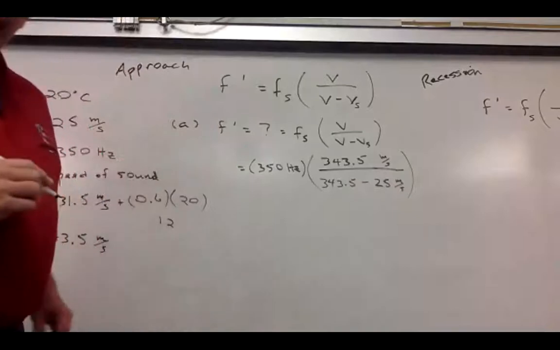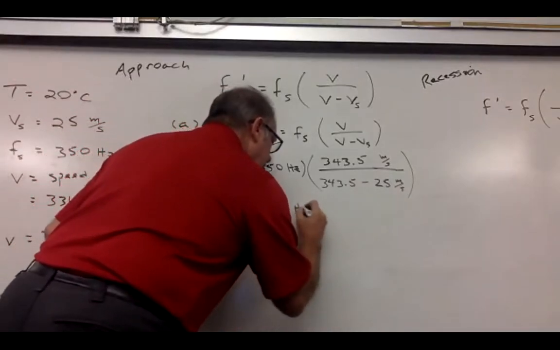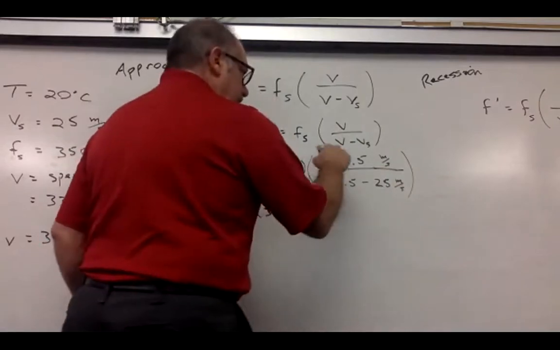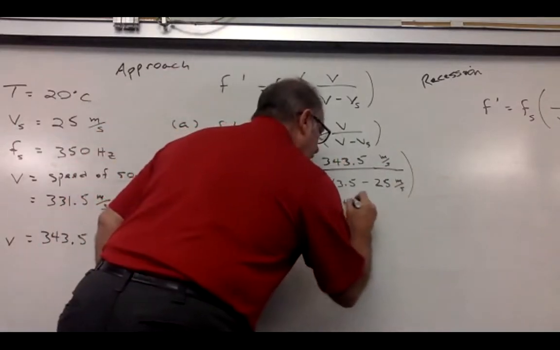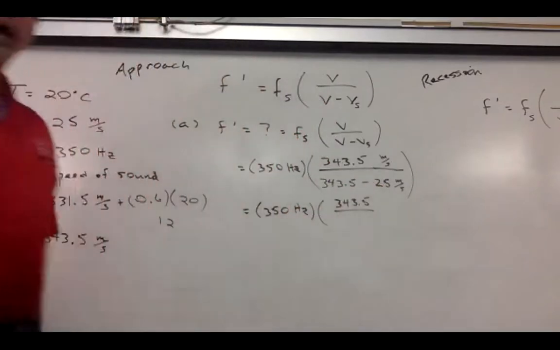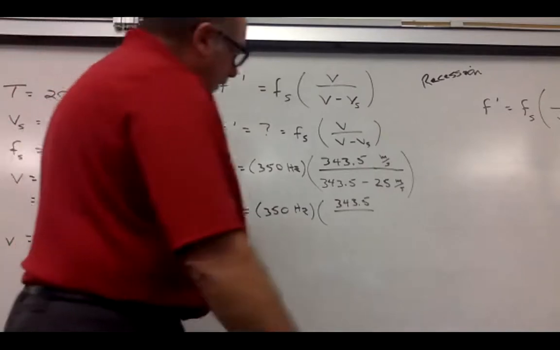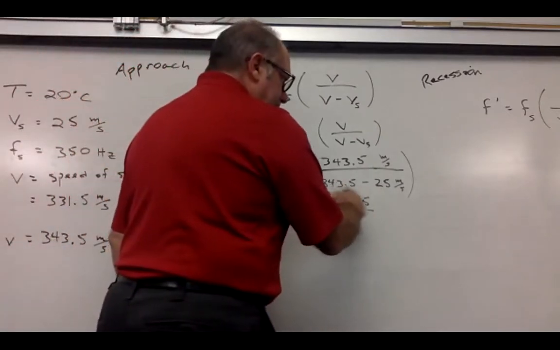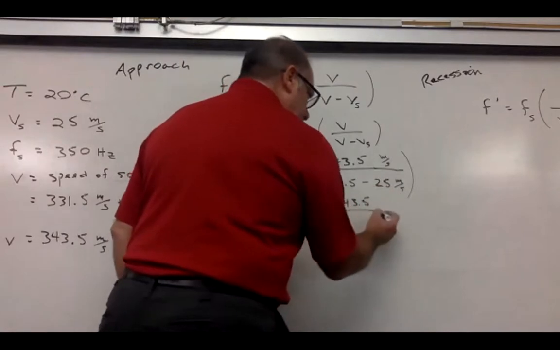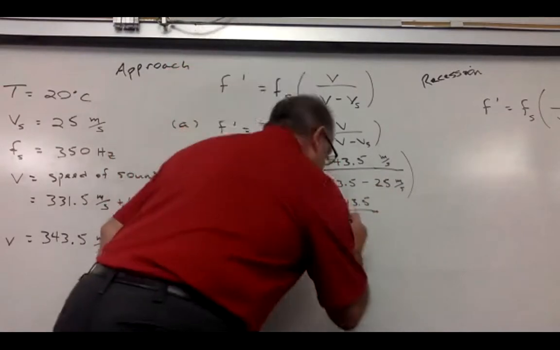Okay, so now we have some math to do. So I have 350 hertz times 343.5 over 343.5 minus 25. If I do my math in my head right, 343.5 minus 25 is 318.5.